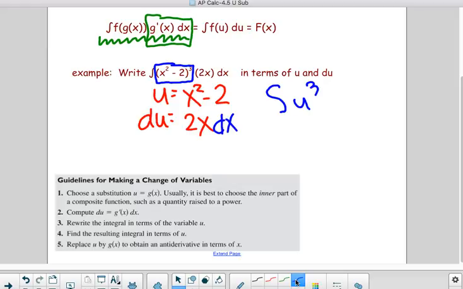So this whole piece, 2x dx, equals du. Magically, we were given something pretty much set up for us. We can now integrate because we have u and we have du, which represents its derivative. What is anything to the third power when you integrate it? It would be that thing to the fourth, and then what goes in front?